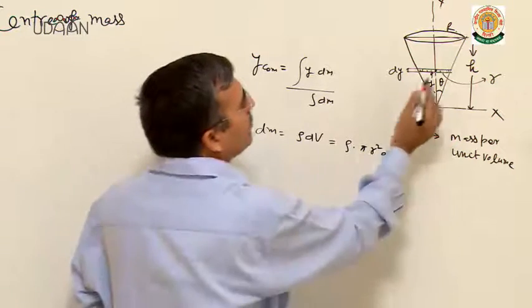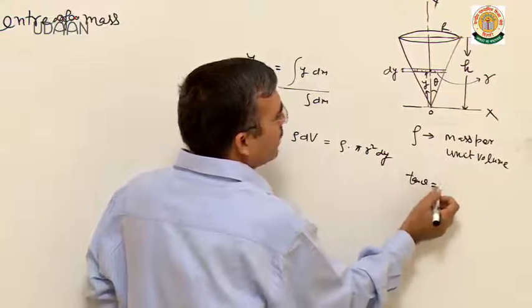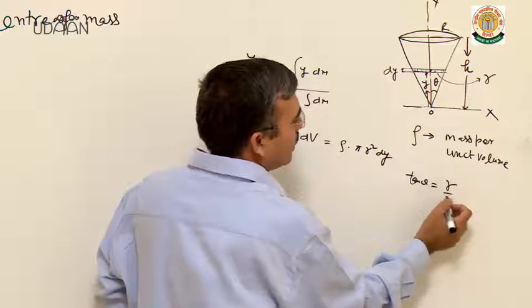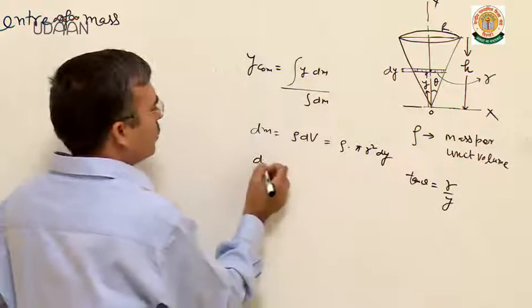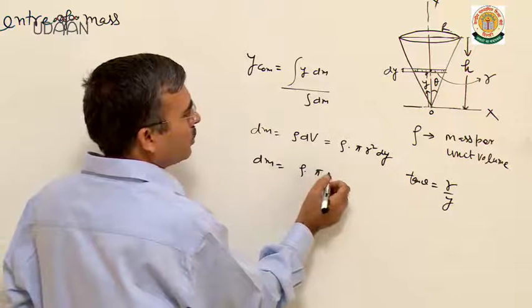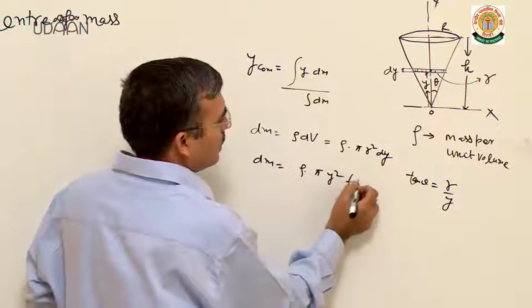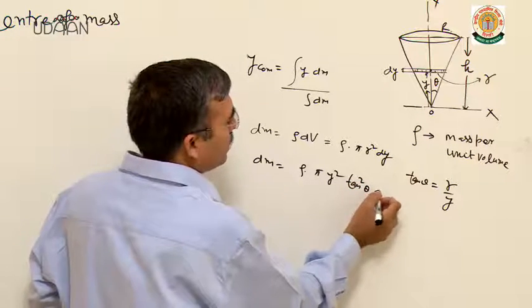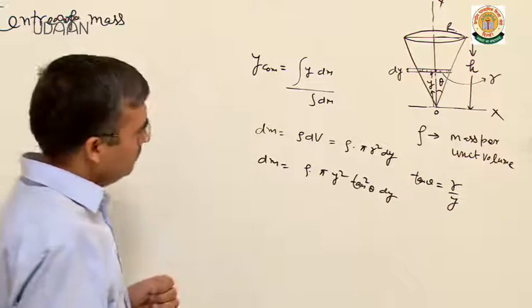Now, if you take tan theta equal to r divided by y, so r equals y tan theta, so you can write dm equal to rho into pi into y square tan square theta into dy. It is dm.